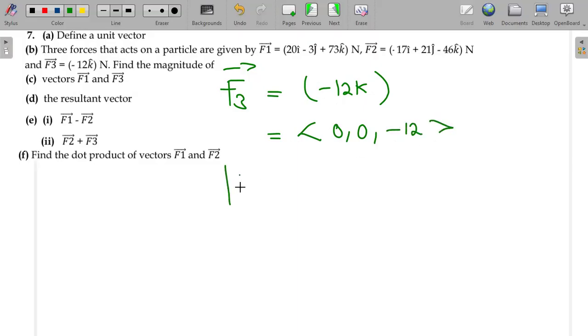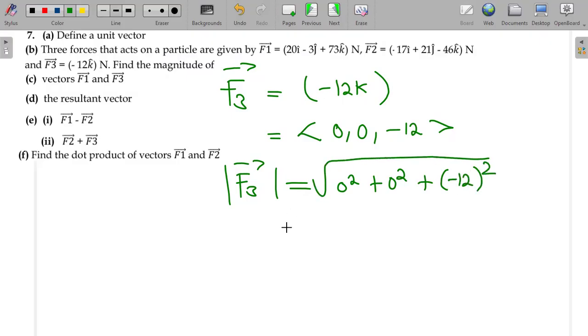To find the magnitude of F3, we say 0 squared plus 0 squared plus minus 12 squared, and then square root. 0 squared is 0, and minus 12 squared gives the square root of 144, which is 12 newtons. So the magnitude of F3 is 12 newtons.